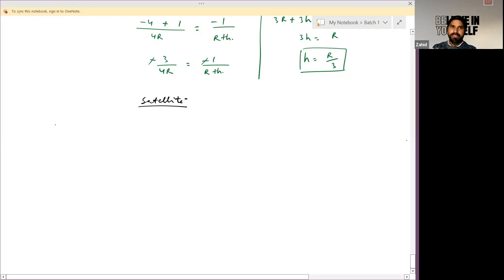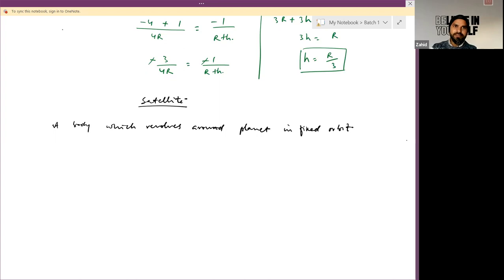That is called a satellite. A body which revolves around a planet in a fixed orbit.